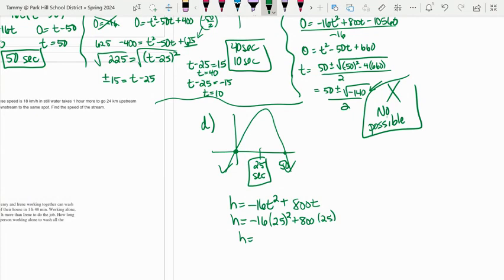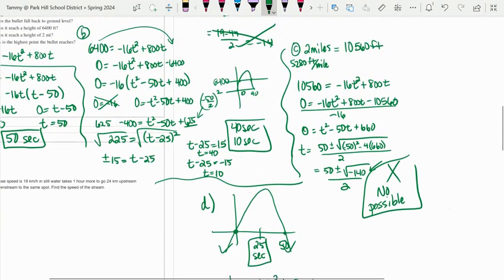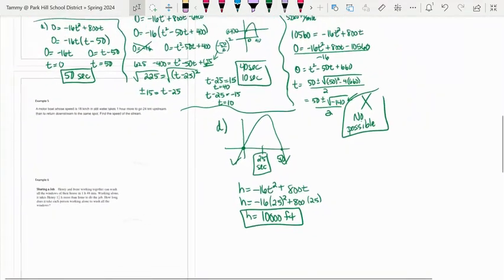Use your calculator. It's 10,000 feet. So the maximum height is 10,000 feet, which explains why 10,560 won't be reached.